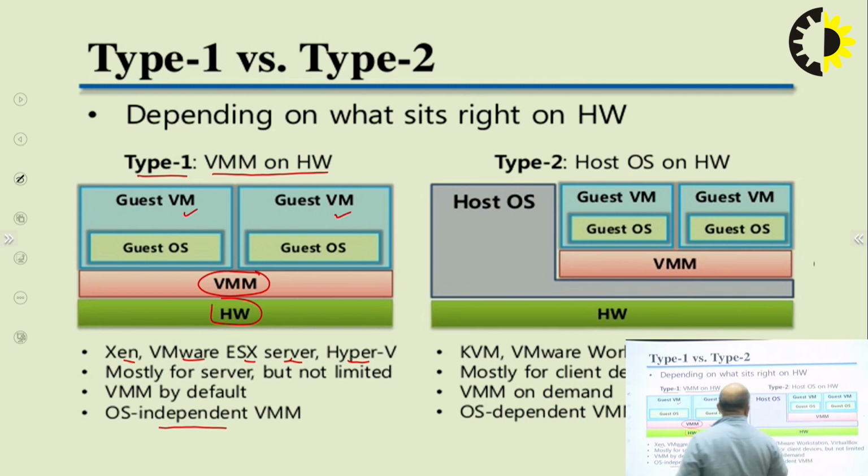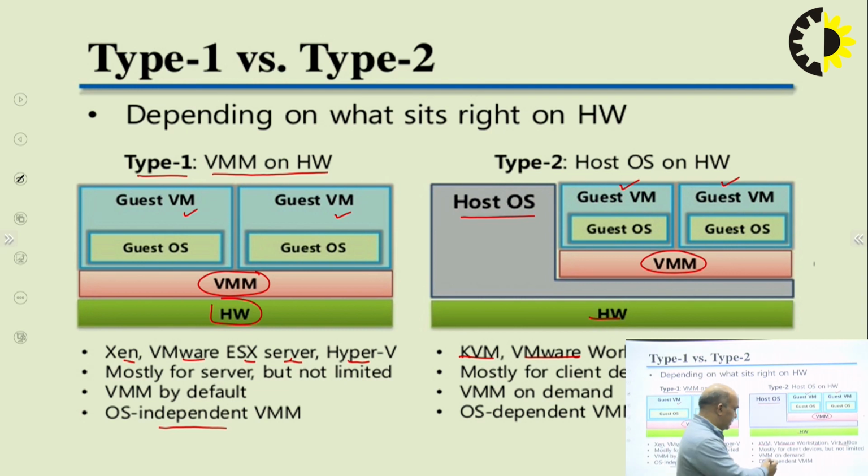But in the case of type 2, we have the hardware, and on that hardware the host operating system is installed. In that, the VMM helps us create different virtual machines. We can have KVM, VMware Workstation, VirtualBox, different applications which help create virtual machines.